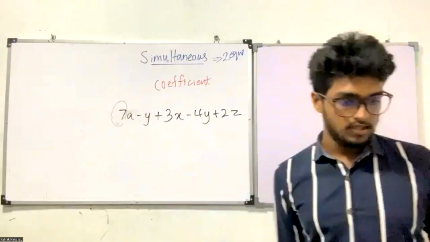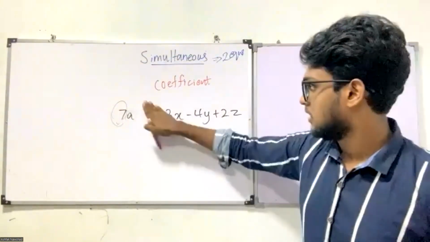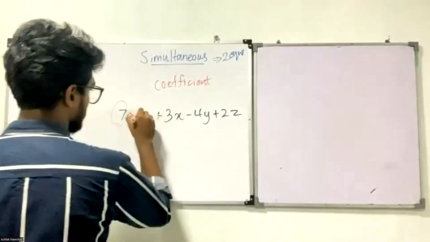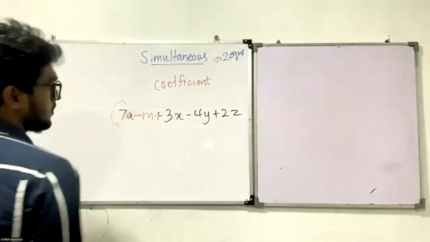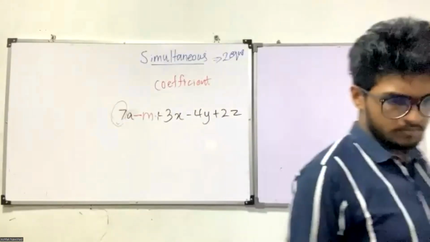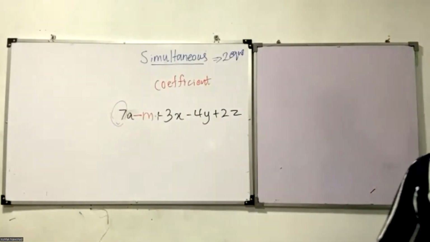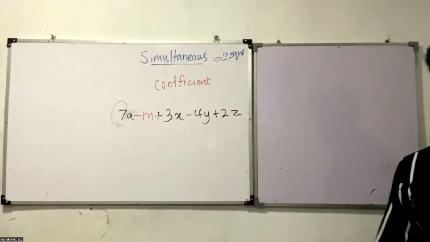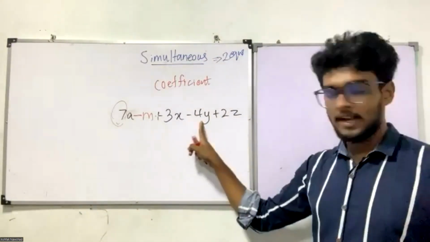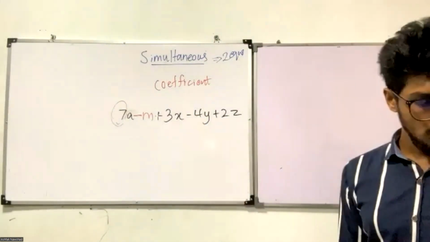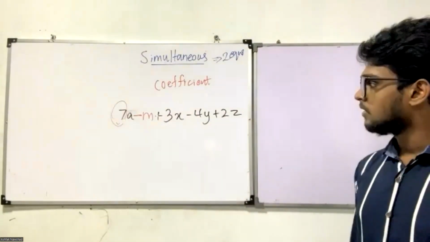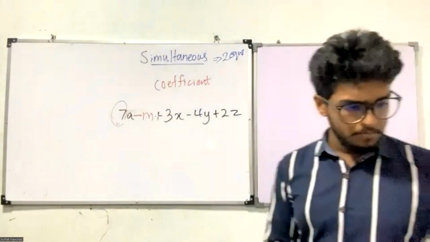What's the coefficient of Y? There are 2 Y's. Sorry, I'll make this something else. What's the coefficient of Y? It's minus 4. The coefficient of Y is negative 4. And what's the coefficient of M?